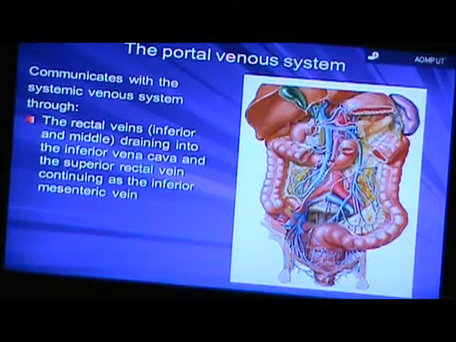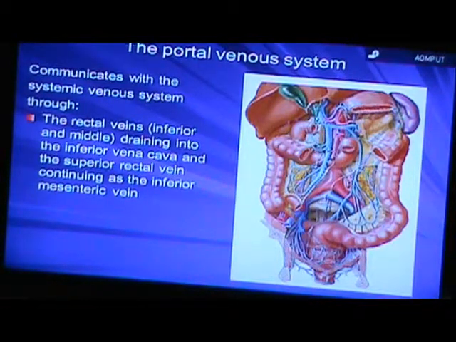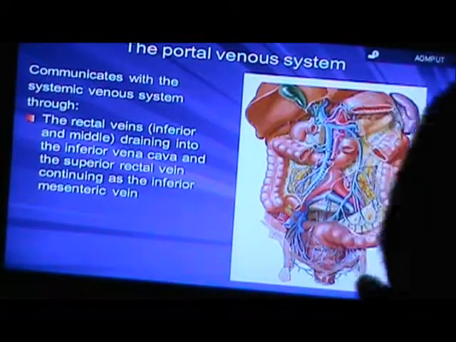And look, internal iliac vein, common iliac vein, and next inferior vena cava. So we are in the systemic venous system.